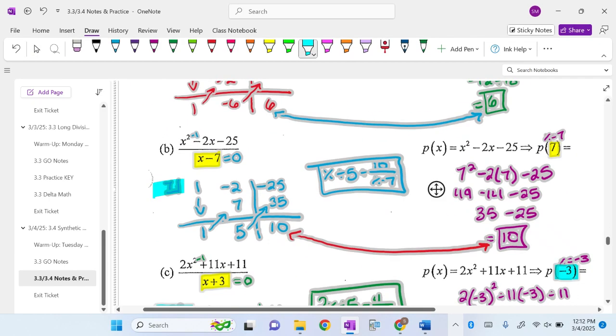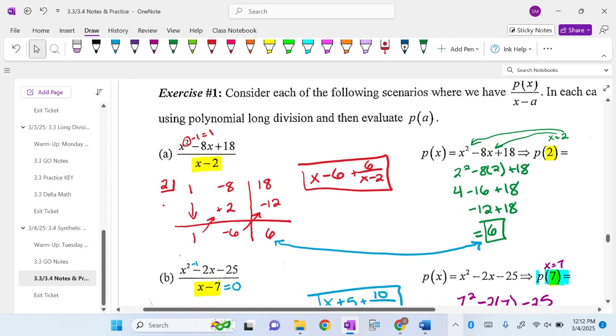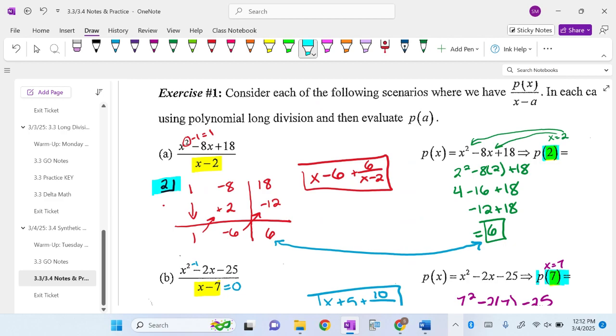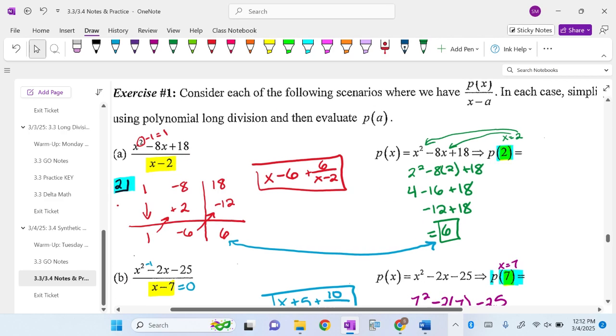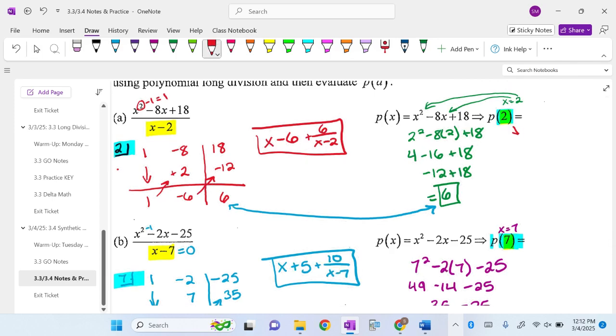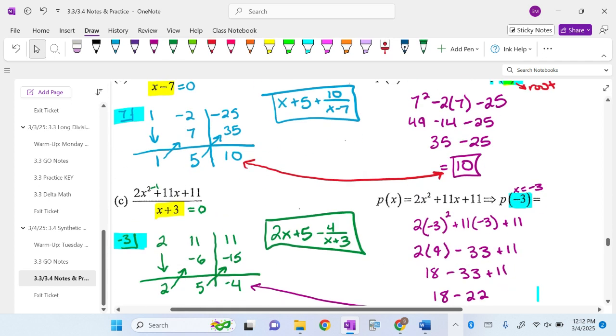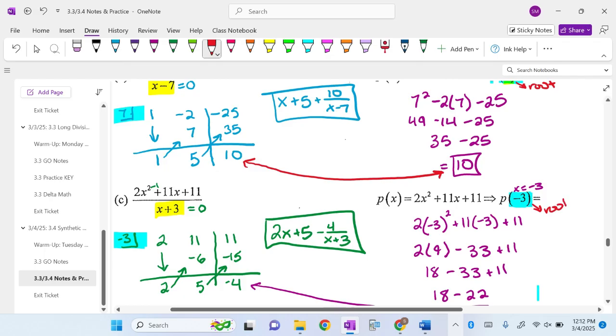How does this number connect to that number? They're the same. How does this number connect to this number? They're the same. So essentially what we're doing is we're evaluating each of these equations at our root. So this represents our root that we are dividing by. This represents our root that we're dividing by. This represents our root that we're dividing by.